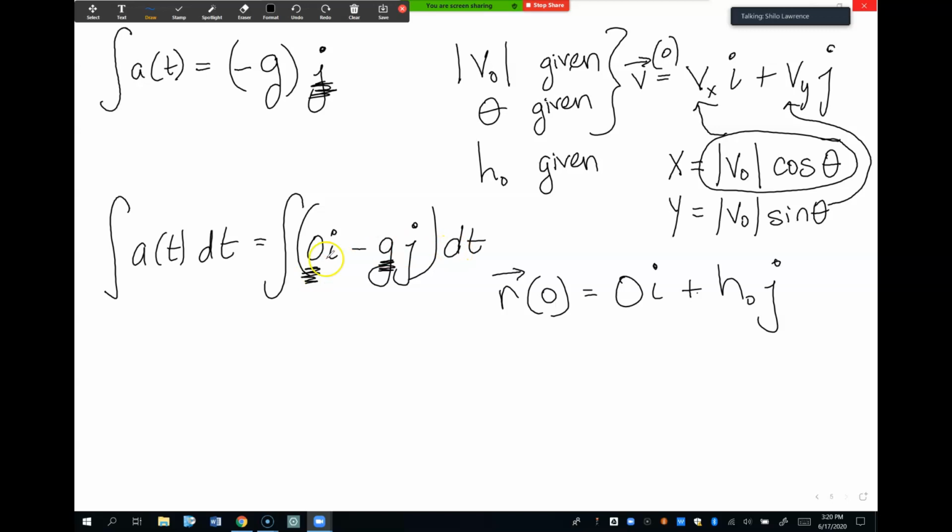What we're really integrating are the components. So I need to know what is the antiderivative of 0 with respect to t. And that's the exact same thing as asking what kind of expression has a derivative of 0. Do you guys know what kind of expression has a derivative of 0?